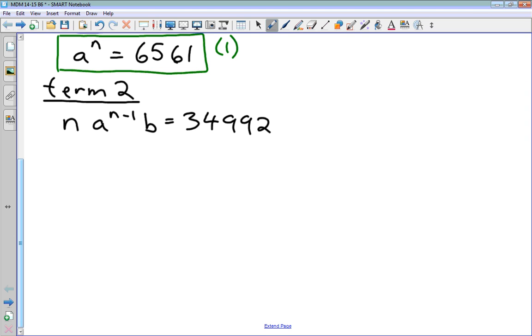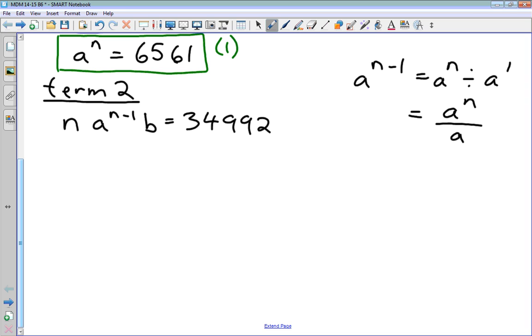Well, the first thing to notice, I'll just come over to the side here. If we look at a^(n-1), if we remember our exponent rules from grade 9, this is a^n divided by a^1. If we have powers at the same base, we subtract the exponents. So we can rewrite this as a^n divided by a.